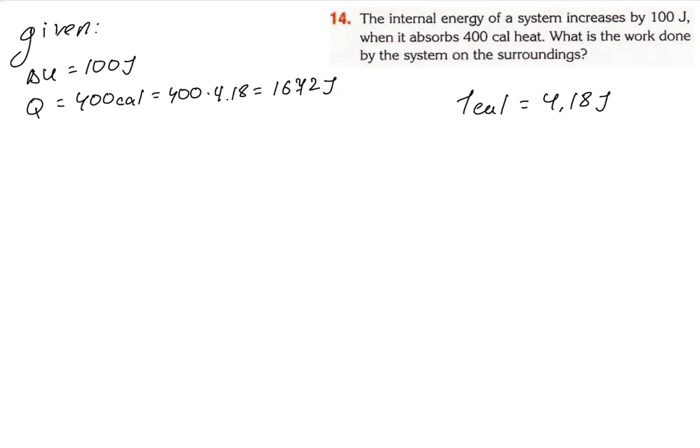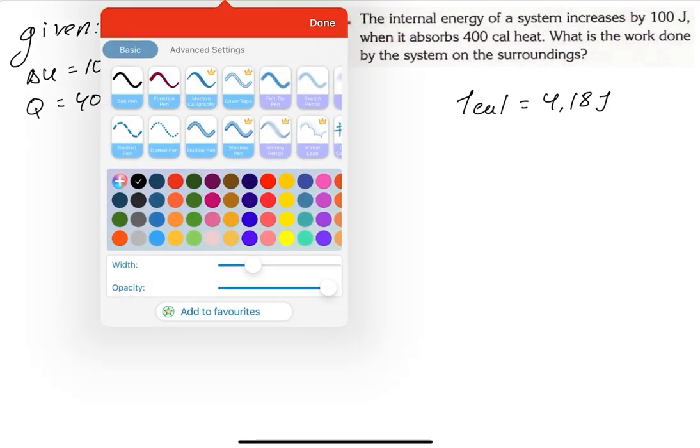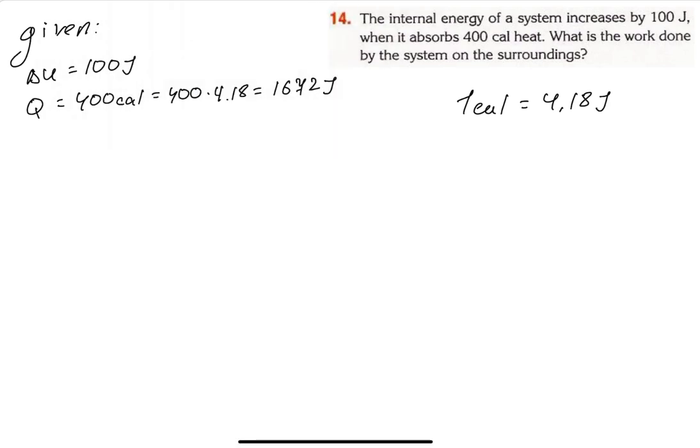And then to get the answer, to get work done, we need to apply the first law of thermodynamics, which states Q is equal to delta U plus work done by a system. So here work done by a system will be equal to the difference of Q and delta U.